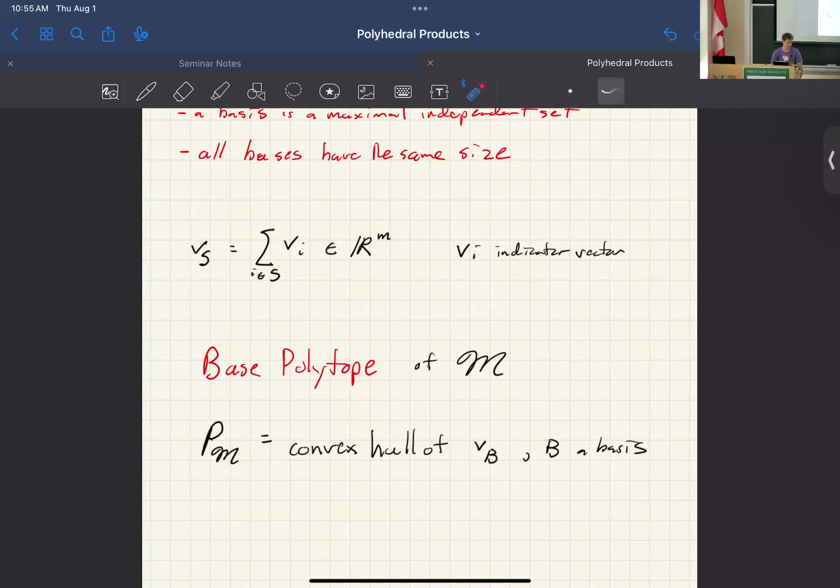That's called the base polytope of the matroid M. And you can recover the matroid M because you can recover the bases from the matroid polytope of M. So this is a way of uploading combinatorial theories like Ehrhart theory and also the geometry of toric varieties into matroid theory. There is a polytope now.